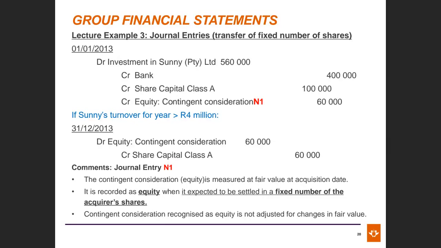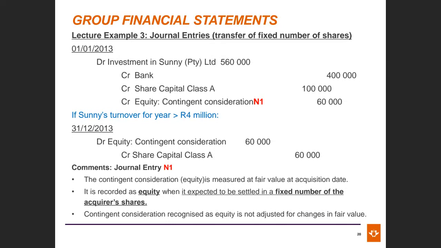And this is basically, if you think about it, we have said we will give you 1,000 Class A shares. This is a transfer of a fixed number of shares, okay? The value of the shares may vary, but we have fixed it to a fixed number of shares.